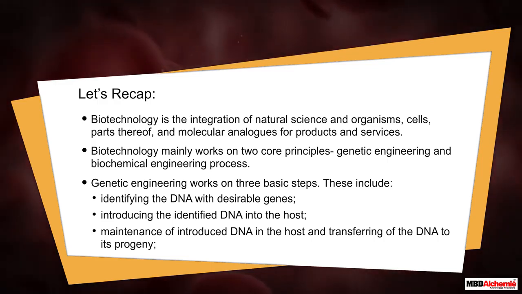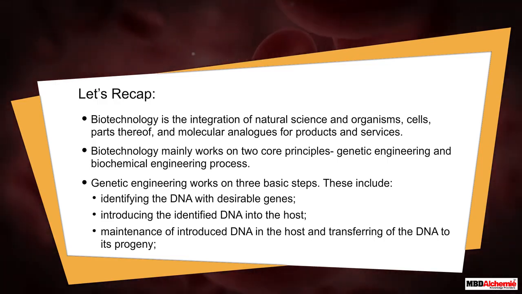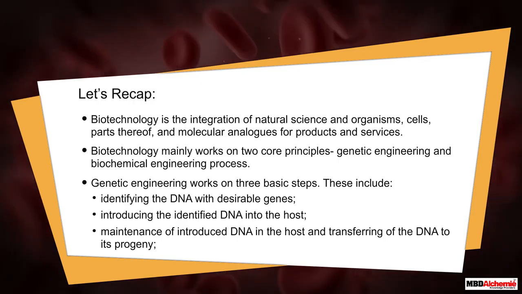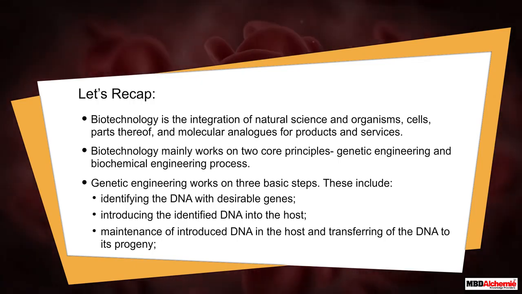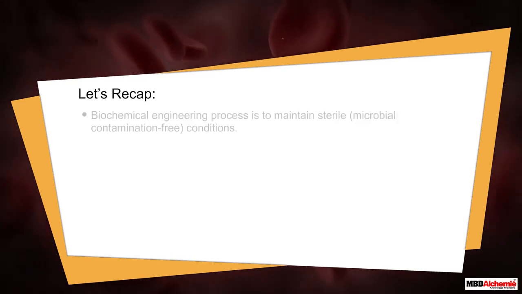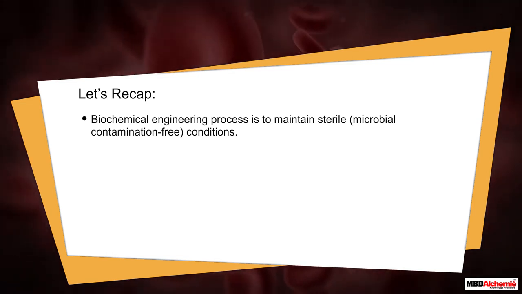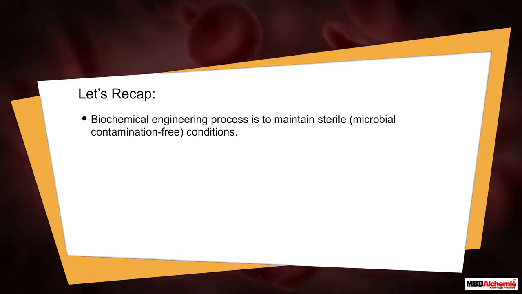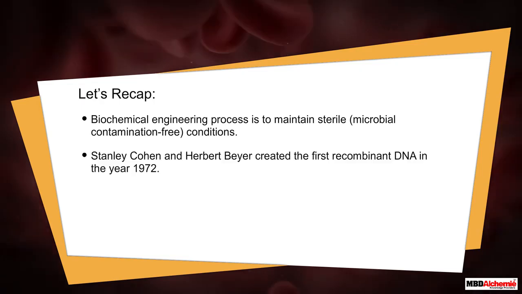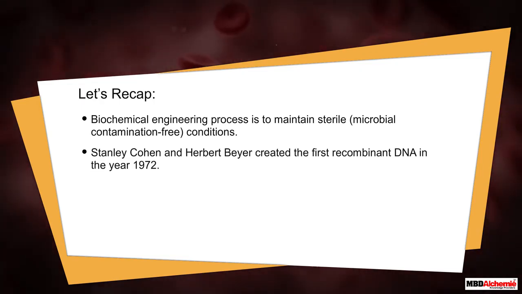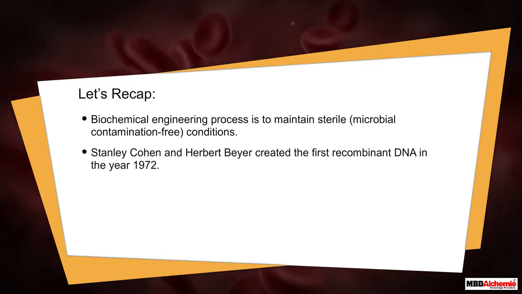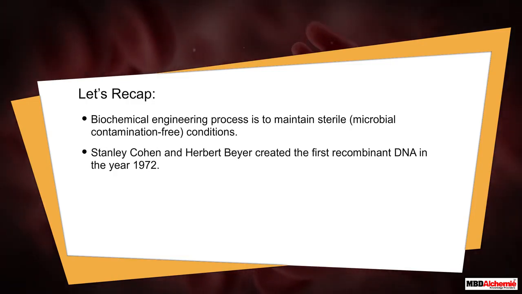These include identifying the DNA with desirable genes, introducing the identified DNA into the host, maintenance of introduced DNA in the host, and transferring of the DNA to its progeny. Biochemical engineering process is to maintain sterile, microbial contamination-free conditions. Stanley Cohen and Herbert Baer created the first recombinant DNA in the year 1972.